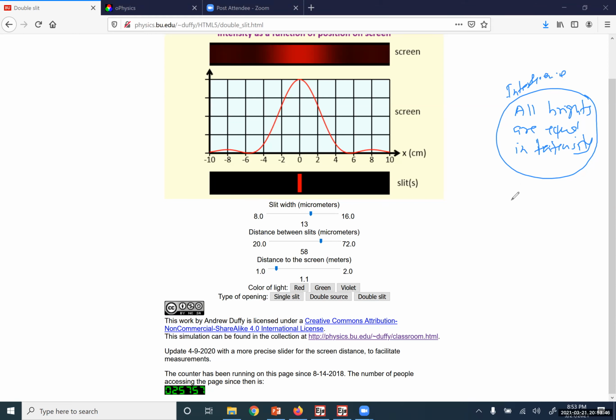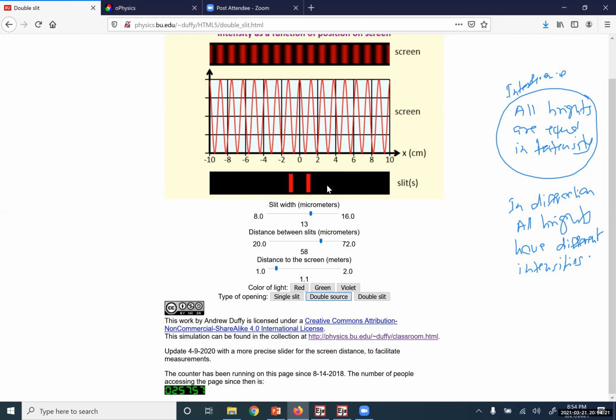but in the case of diffraction, all brights have different intensities. Okay, we see this. If we have the case of interference and diffraction due to the two sources, they superimpose, and then their pattern will be different.